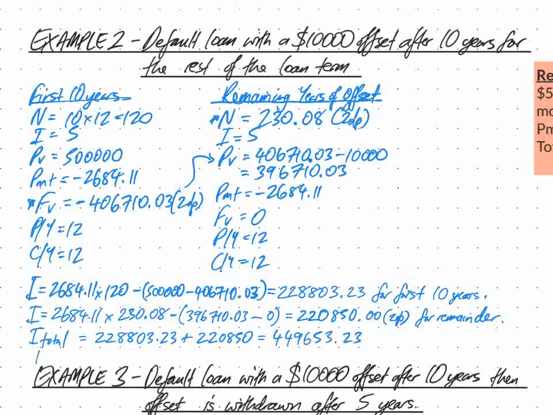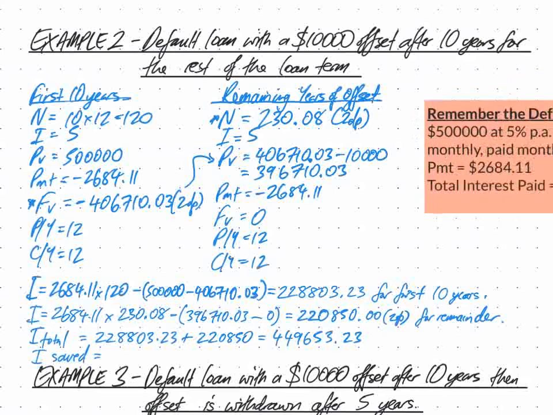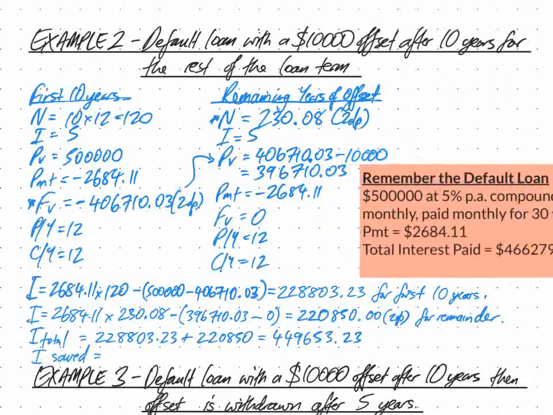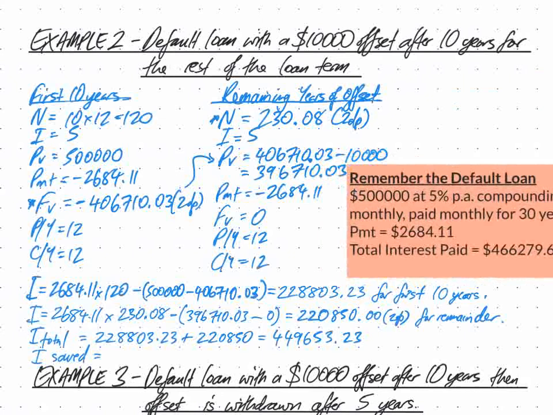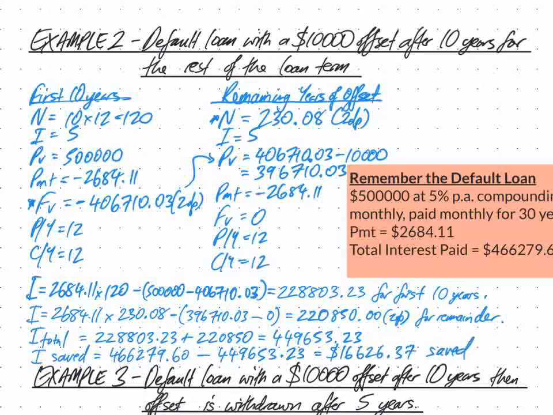So the interest saved is going to be the default amount of interest paid, 466,279.60, minus what I paid in interest for this loan, where I had the offset 10 years in and I kept it in for the remaining time. That's going to give me $16,626.37 saved by doing that.